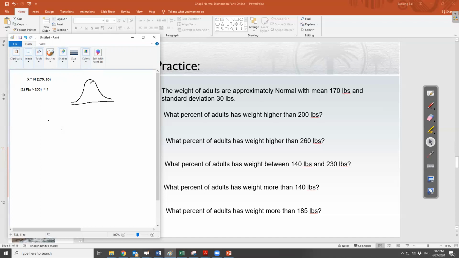Mean is 170. And then find the shaded area for the event you're looking for. Greater than 200, 200 is to the right. And greater than means to the right of the 200 line. So we're looking for the right tail probability, right? Then we're going to use the 68, 95, and 99.7 rule.